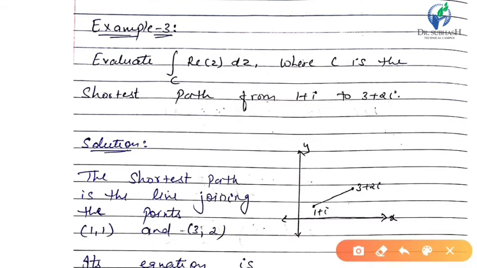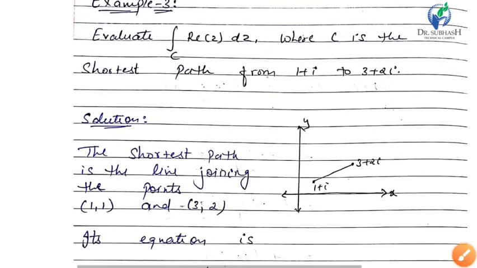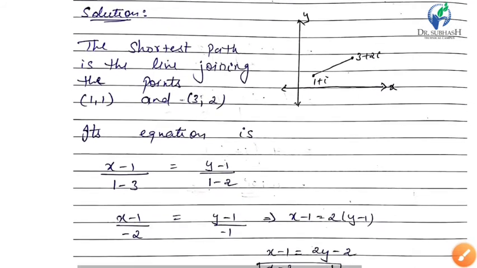Evaluate the integral over C of real part of z dz, where C is the shortest path from 1 plus i to 3 plus 2i. This can be said to be a straight line. So this is my point 1 plus i and this is 3 plus 2i. Now let us move towards the solution.